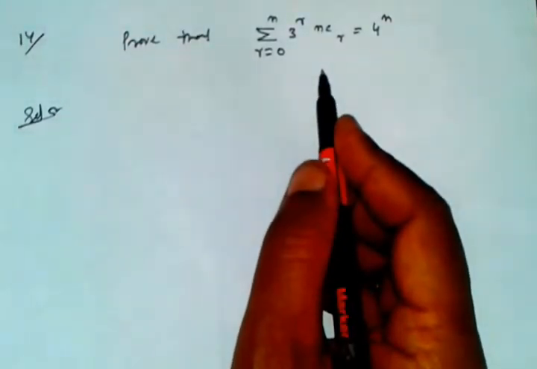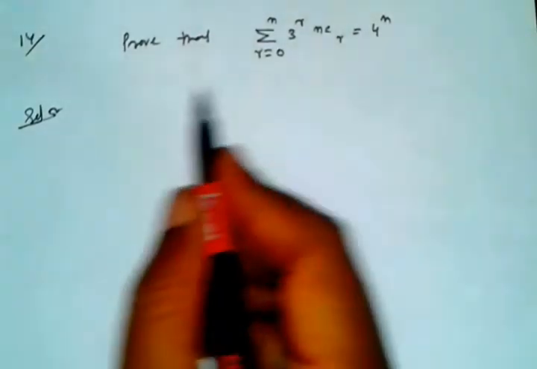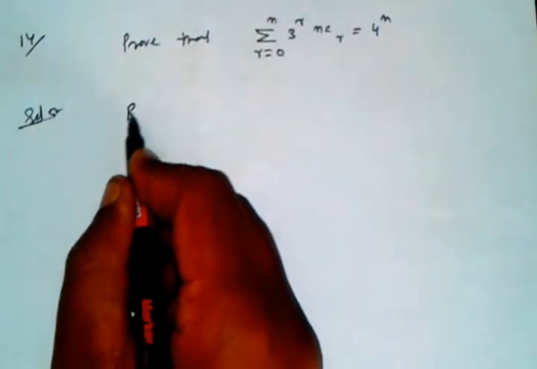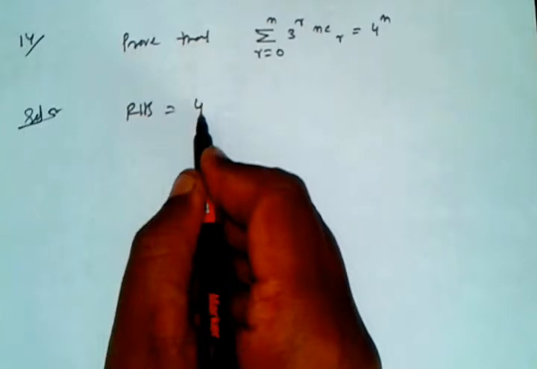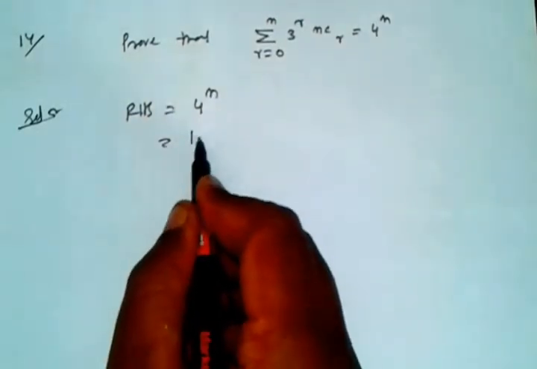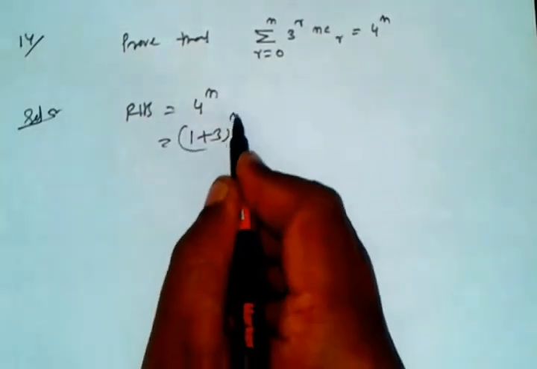Next problem, that is very easy. Here the solution: we have grouped it from the right side. RHS is 4 to the power n, which is (1 plus 3) whole to the power n.